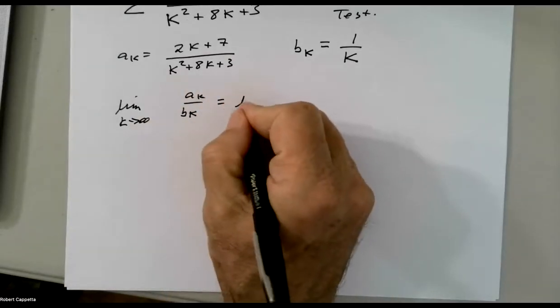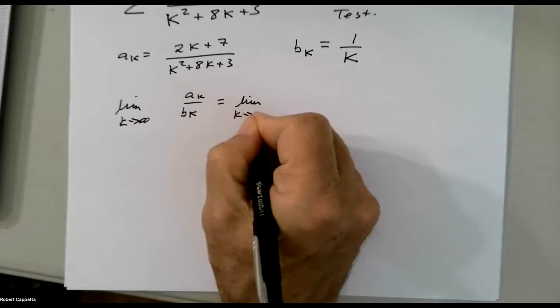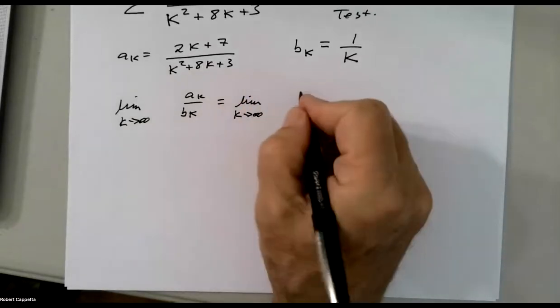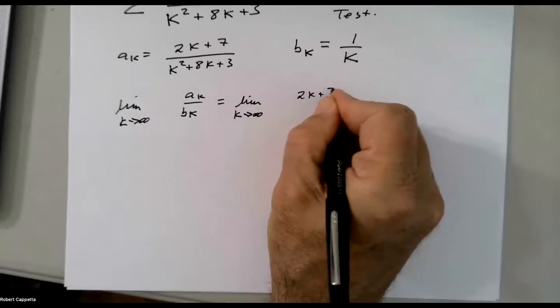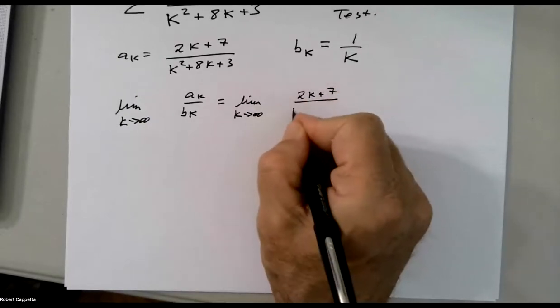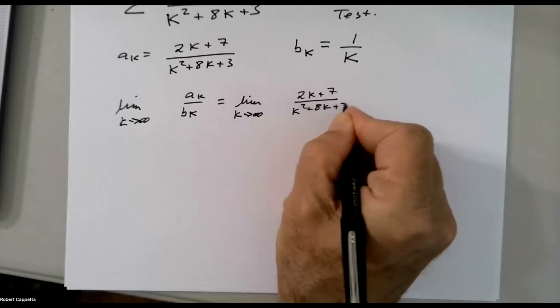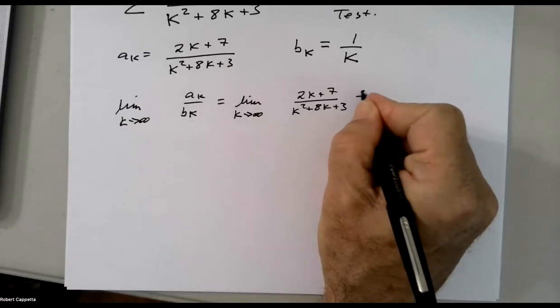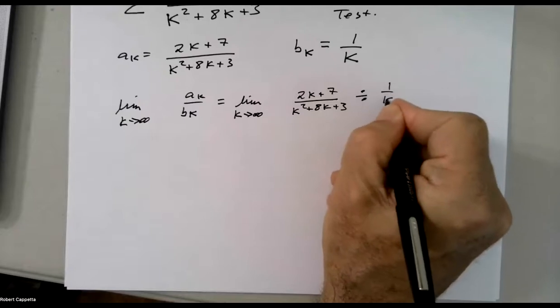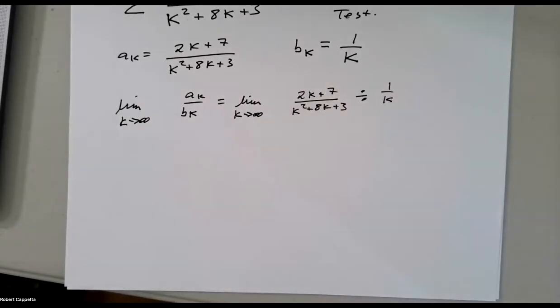So what will that be? The limit as k goes to infinity of a sub k, 2k plus 7 over k squared plus 8k plus 3, divided by 1 over k. We take the ratio of these two sequences.